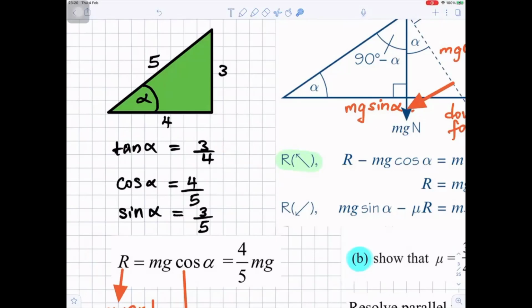If we have a right angle triangle, 3 squared plus 4 squared, and the square root of that will give you 5. So cos alpha, cosine is adjacent over hypotenuse, which is 4/5. Sine alpha, sine is opposite over hypotenuse, which is 3/5.